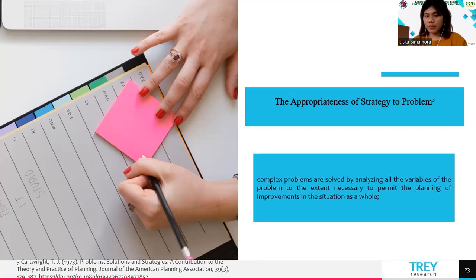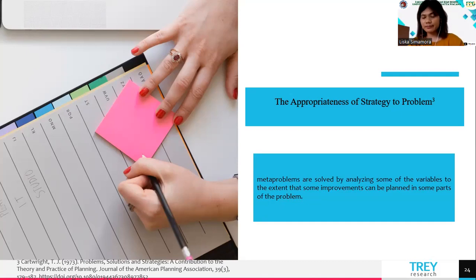And complex problems are solved by analyzing all the variables of the problem to the extent necessary to permit the planning of improvements in the situation as a whole. And meta problems are solved by analyzing some of the variables to the extent that some improvements can be planned in some parts of the problem.